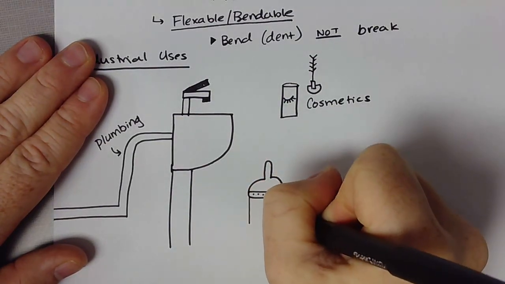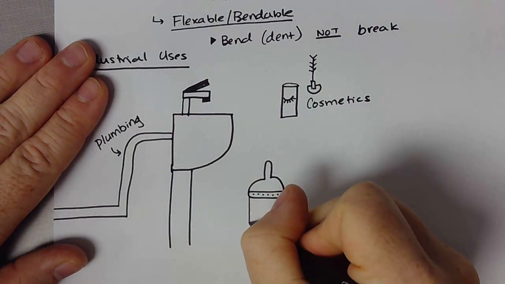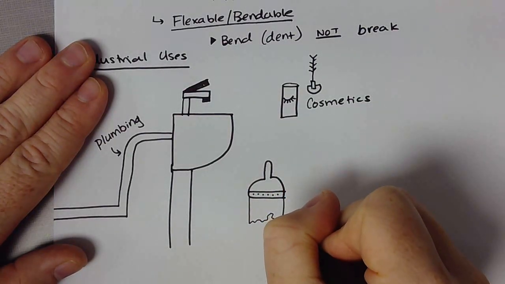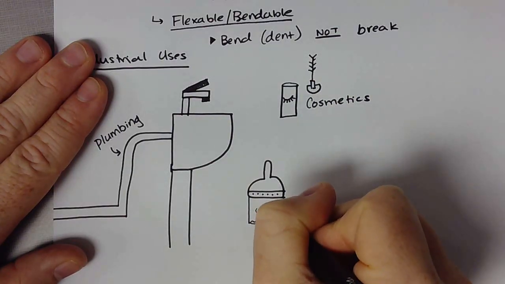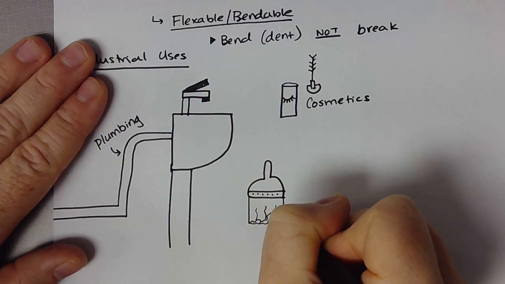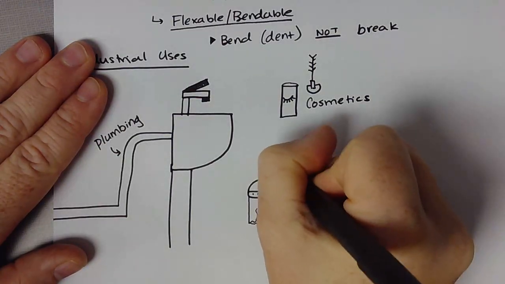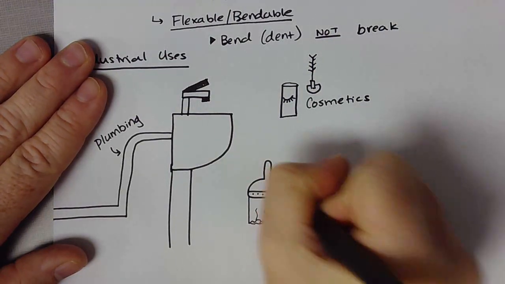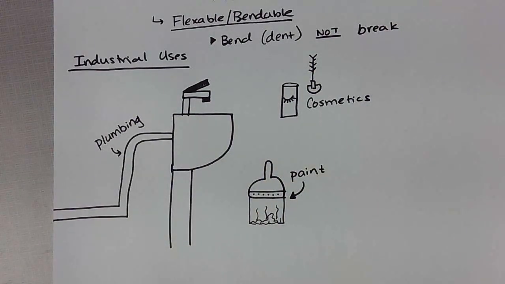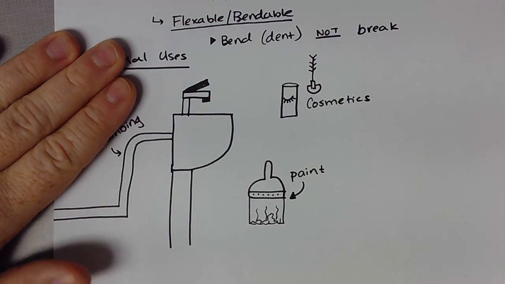So I'm going to draw an industrial paintbrush. And it would paint a lot of different things. So it would be used on houses, it would also be used on toys, but lead was added to a lot of paints because it made those colors very vibrant.